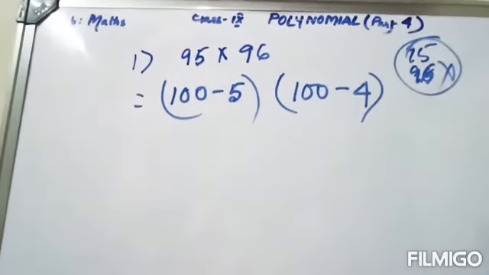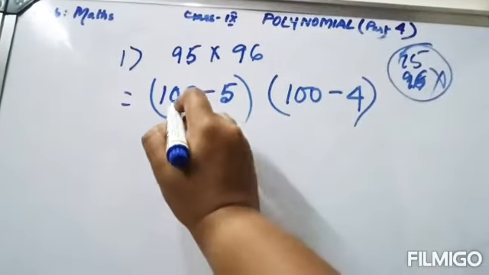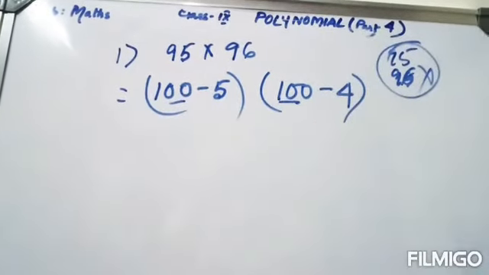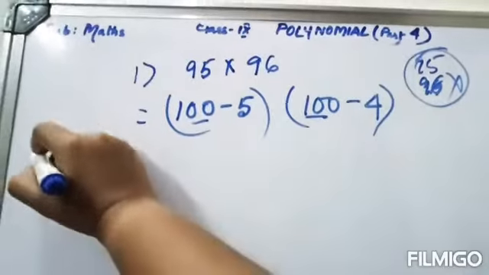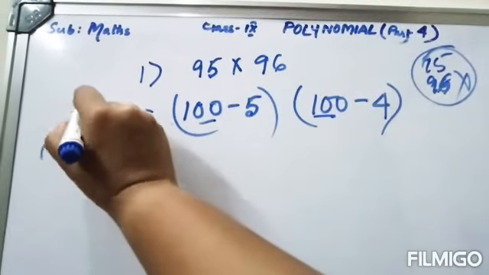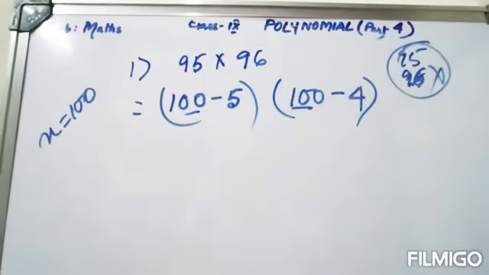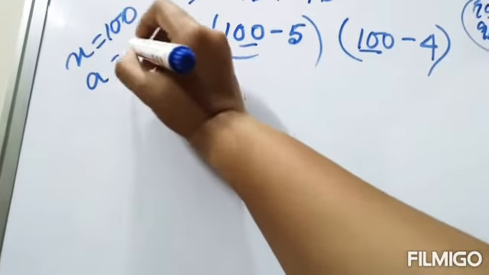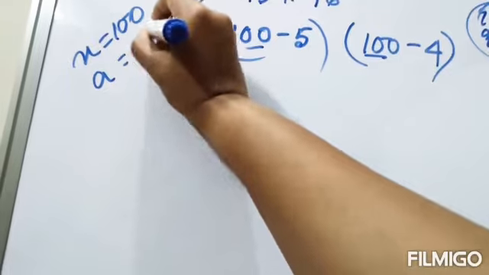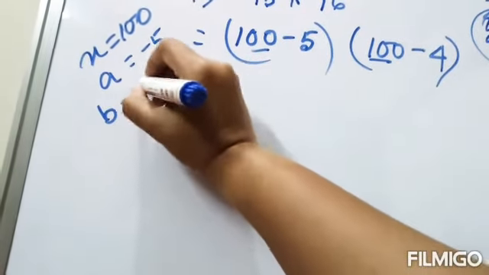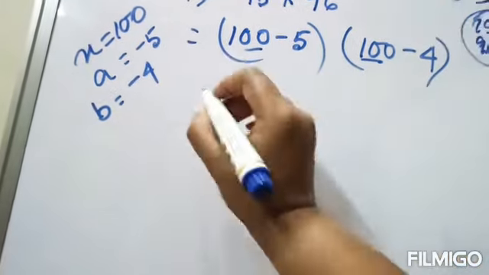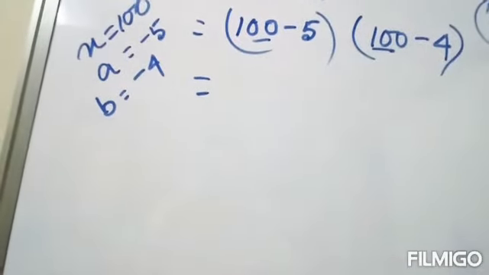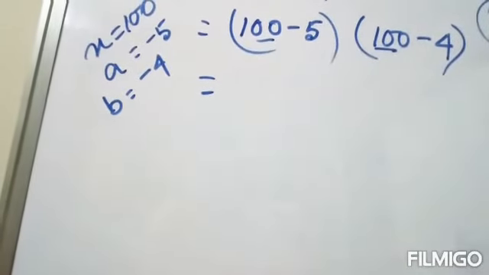Now in both cases 100 is common, so we can imagine x as 100, a as minus 5 and b as minus 4, and we'll apply the identity that we have already learned.